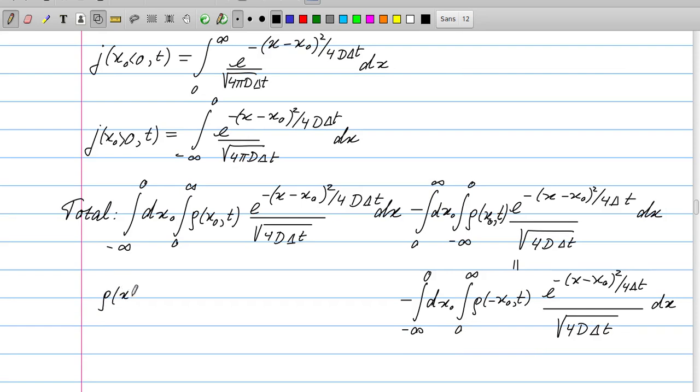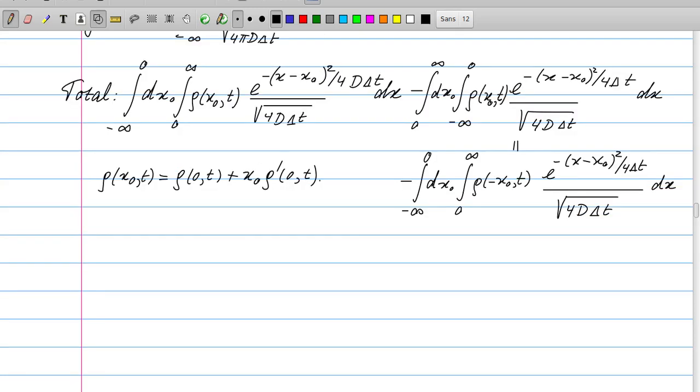So we write that rho of x0, t is rho of 0, t plus x0 times rho primed, and with rho primed I mean the derivative with respect to the first argument, so with respect to x. And this assumption then simplifies this long expression here.